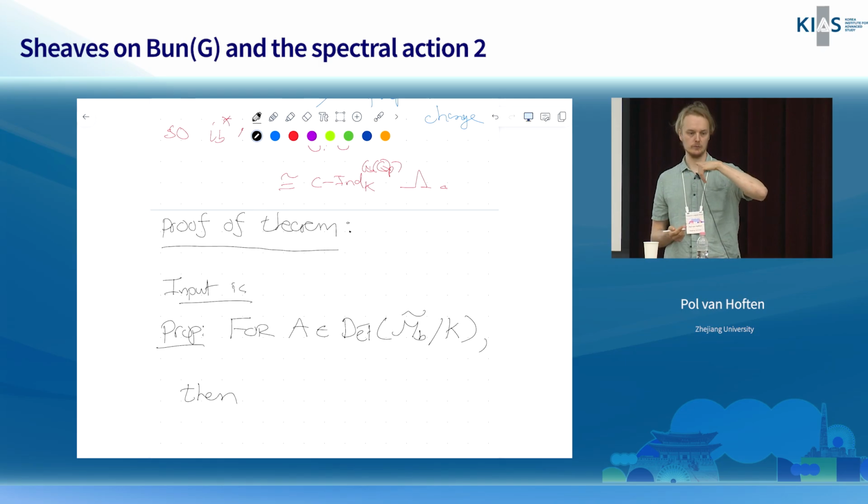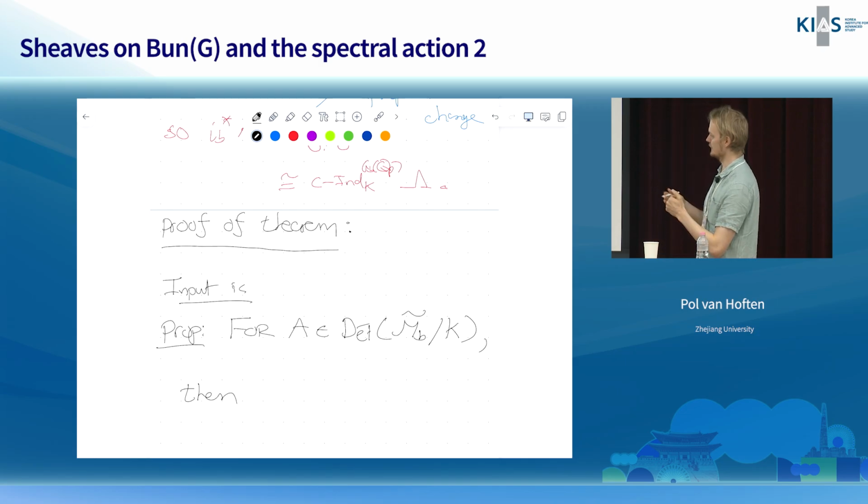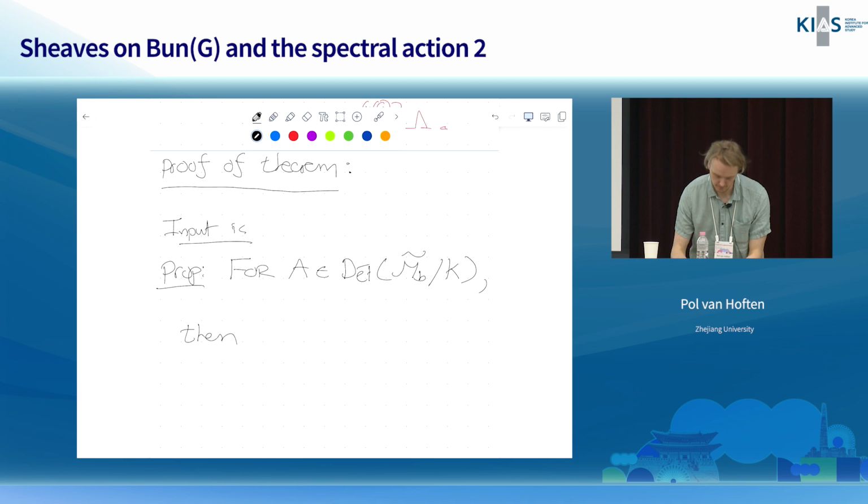There's two things I can do to it. The first is I can take cohomology, and the second thing is I can restrict to the image of the section and then take cohomology.